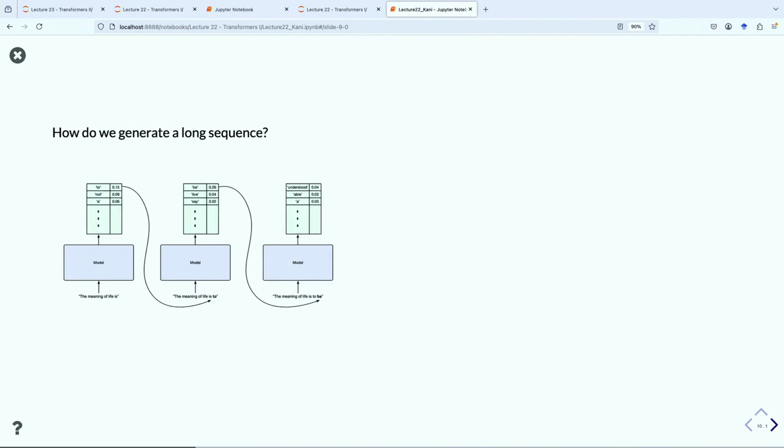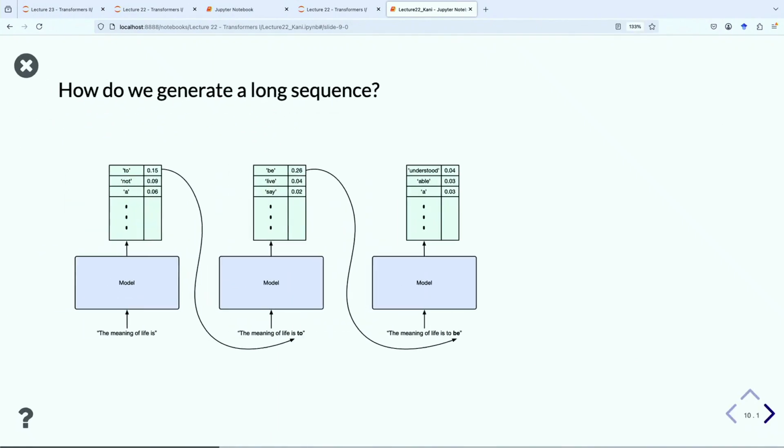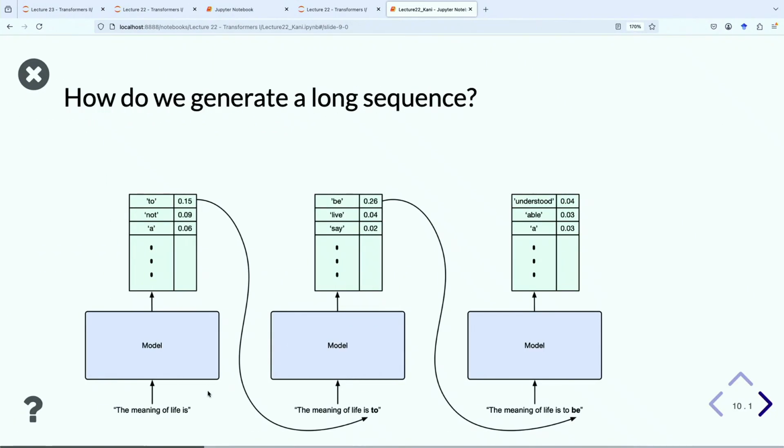Generating a long sequence becomes a matter of starting off with some word, then putting it through the model. Then we get a distribution over all the possible tokens, and next to each we have a number corresponding to whether that token comes after the last token.